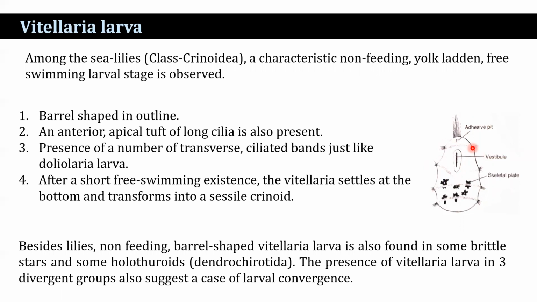After a short free-swimming existence, the Vitellaria settles at the bottom and transforms into a sessile crinoid. Besides sea lilies, non-feeding barrel-shaped Vitellaria larvae are also found in some brittle stars and some holothuroids. The presence of Vitellaria larva in 3 divergent groups suggests a case of larval convergence.